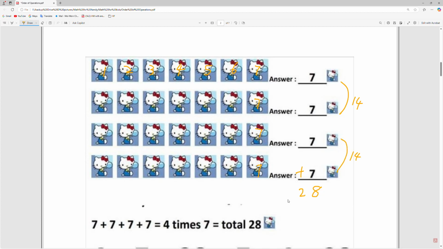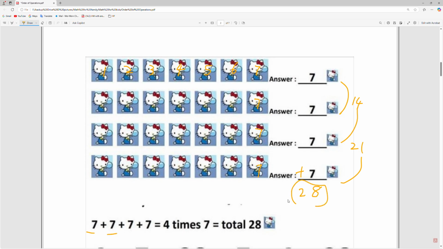How do you know that? How can you group them to add? I will talk about that pretty soon. We call this the associative property. But if you don't group them, you can say, okay, 7 plus 7 is 14. 14 plus 7 is 21. 21 plus 7 is 28.